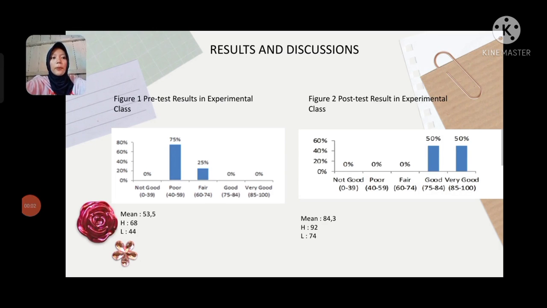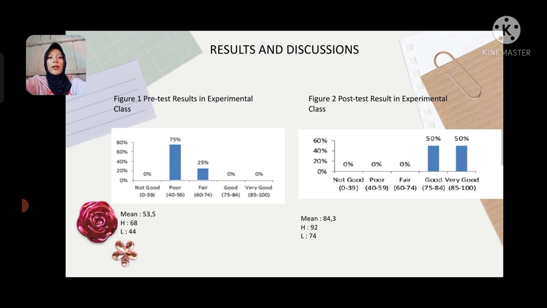Picture number 2, post-test result in the experimental class. As you can see in the picture, the students' scores in the post-test have increased drastically from poor level to a good and very good level. This happened because in the post-test, the researcher provided illustrated images to strengthen the students' understanding so that they can explain the concept of speech text.